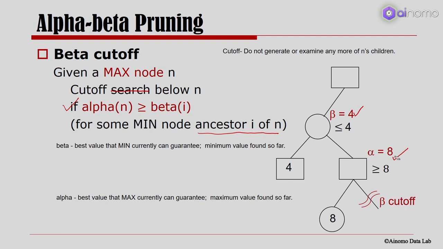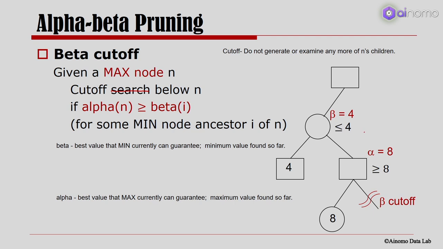Now, why is it that we don't need to search anything beyond this point? It is interesting to take 1 minute and note it. Here we are guaranteed to have something which is greater than or equal to 8, and given that guarantee, here we have a min node which will only look for 4 or something less than 4.